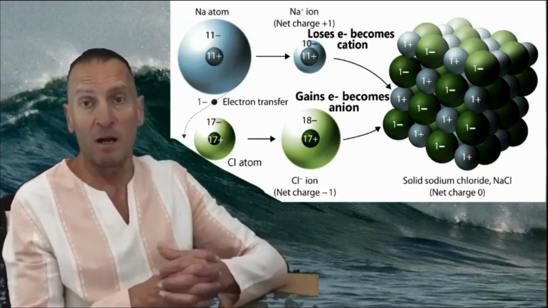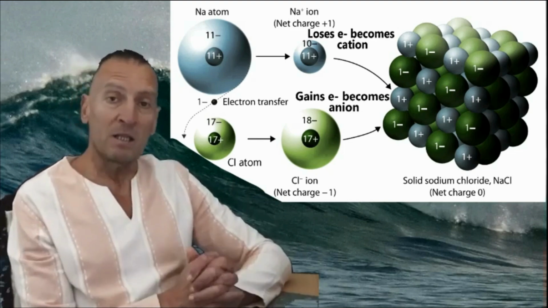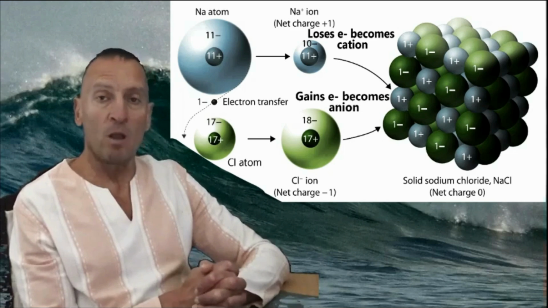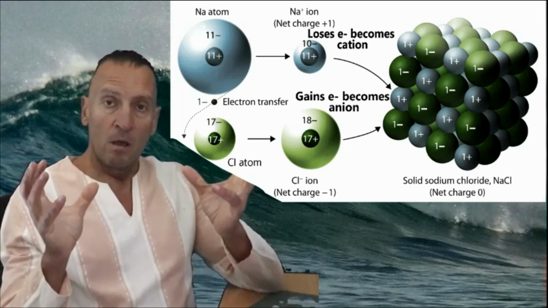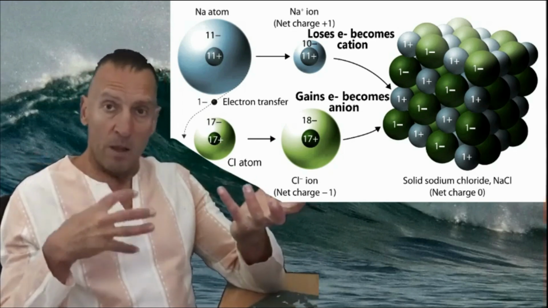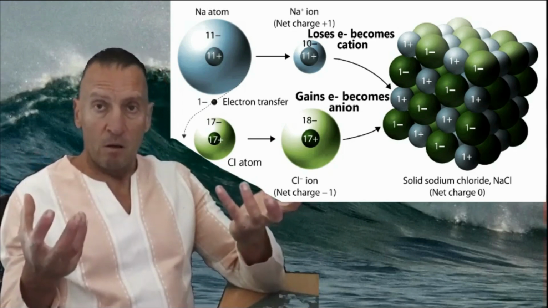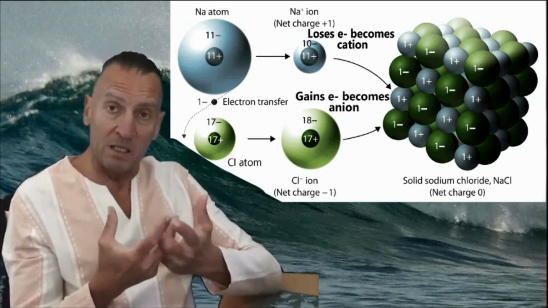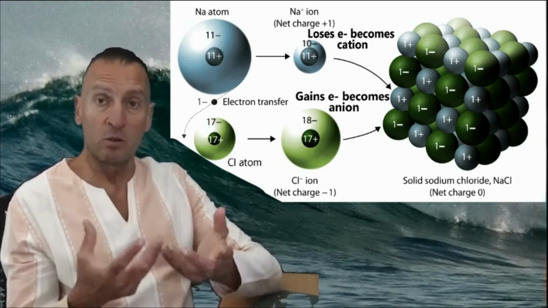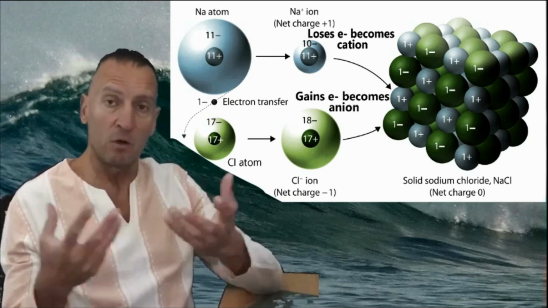So now it becomes a cation. Now what is happening is that when these 2 charged particles, one positive, another negative, attract each other with the second biggest force in the universe, as I said to you, the electromagnetic force.